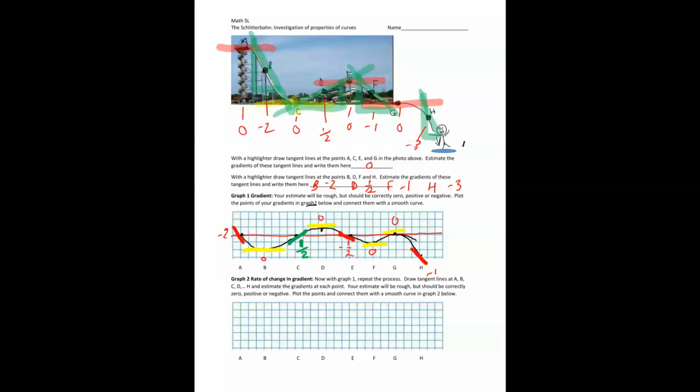So I'm going to draw my axis again, and I will draw my curve. So A is negative 2, B is 0, C is 1/2, D is 0, E is negative 1/2, F is 0, G is also 0, and H is negative 1.